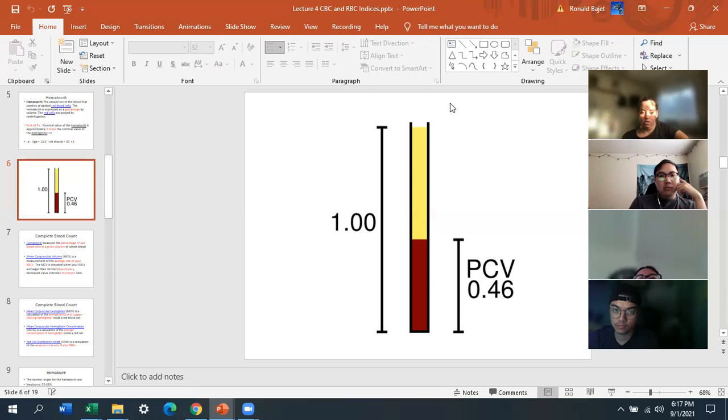Right, and if on your printout you get 10, where did all those platelets go? They got clumped together. So those are artifacts that need corrective action.